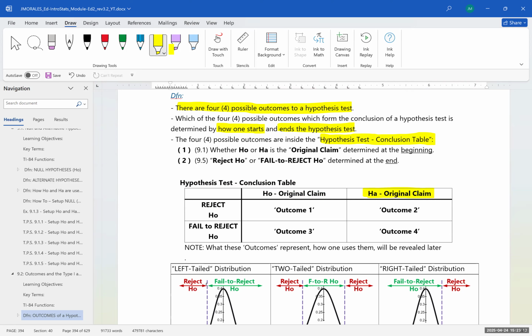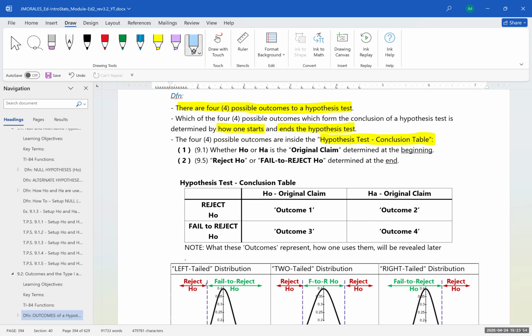Then you just come down from the alternate being the original claim, and you come over from failing to reject the null, and this is your outcome for your hypothesis test. Okay. So technically, if you were going to guess, you have a 25% chance of getting the correct answer. So it's best not to leave it up to a guess.